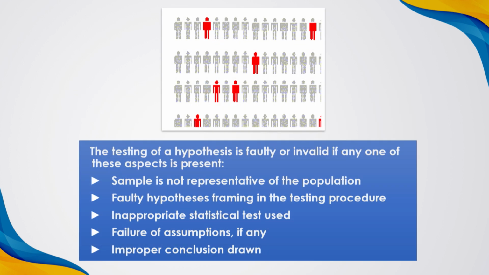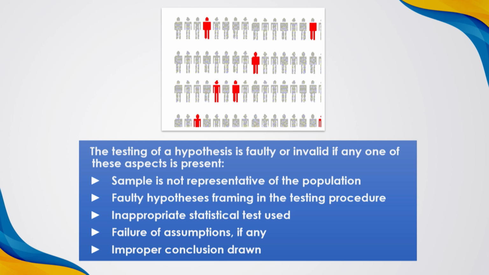Now, here you can see the population. All the people constitute the population, and the red color shades are our sample. Now, this sample must have certain characteristics that are listed here.